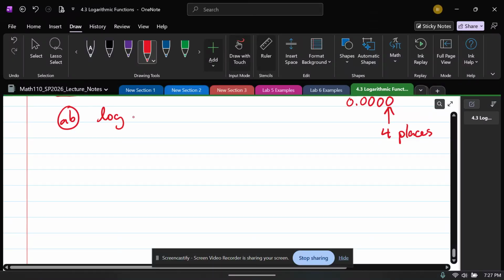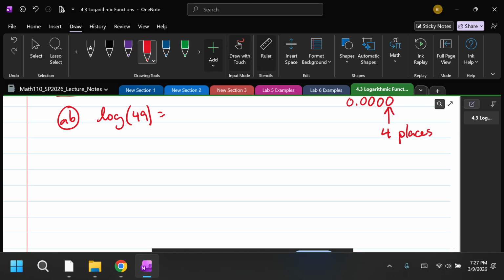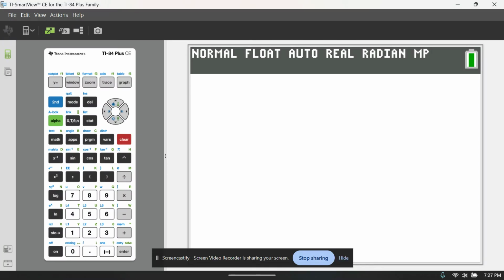Let's just say we had a regular log of 49. On the calculator, if it is just plain log, you've got a button for that. It's right over here beside the 7. That's the log base 10 button. Right beside the 4 is the LN, the natural log button. So we're going to use the log button.